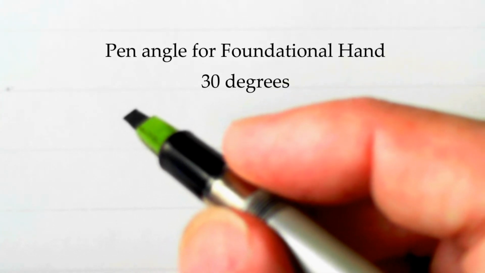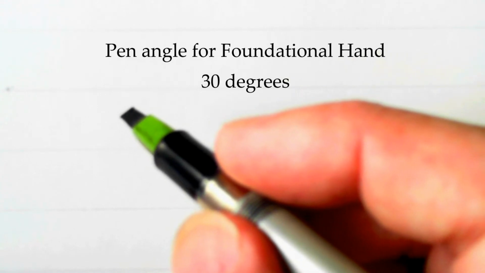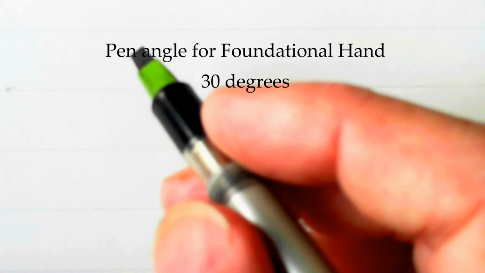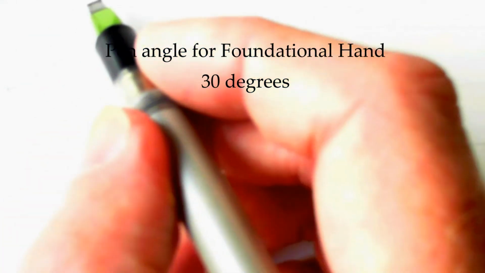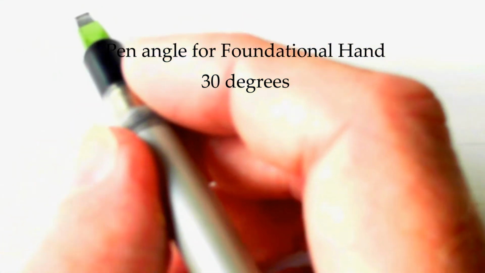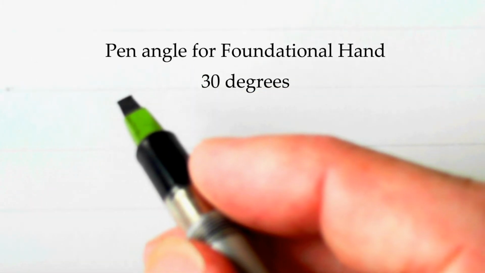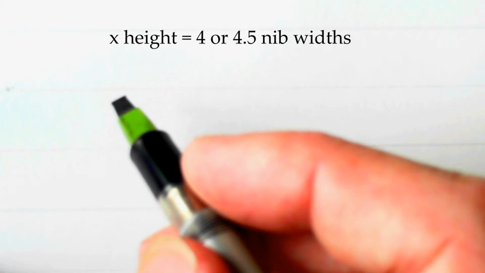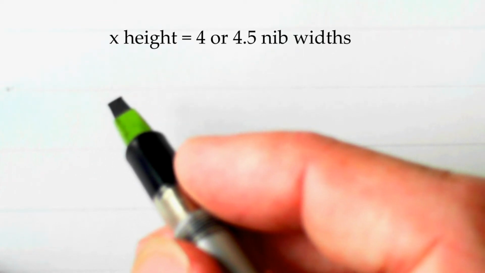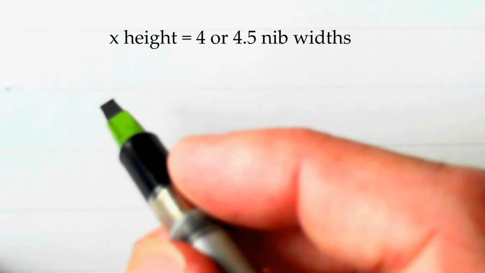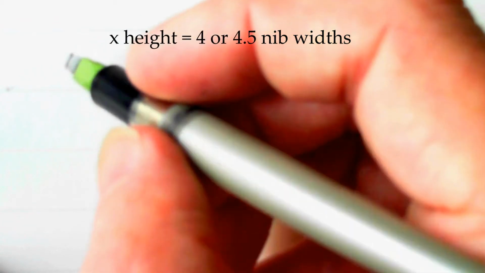So that's the first thing to bear in mind. The pen angle, which we've discussed in the essential videos, is 30 degrees, which is about this, 10 past 8 on the clock face, if you want to think of that analogy. The X height of the letter is 4 nib widths, or 4.5 nib widths in some examples.